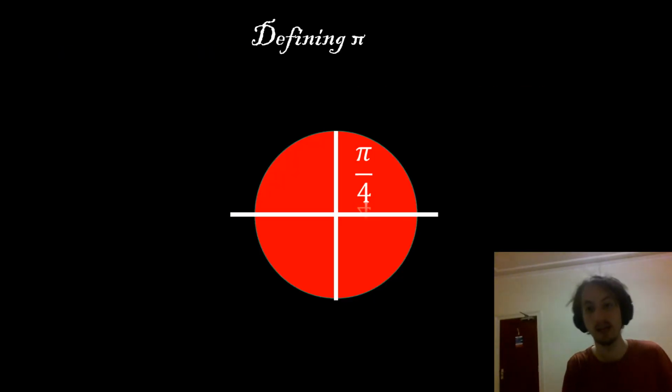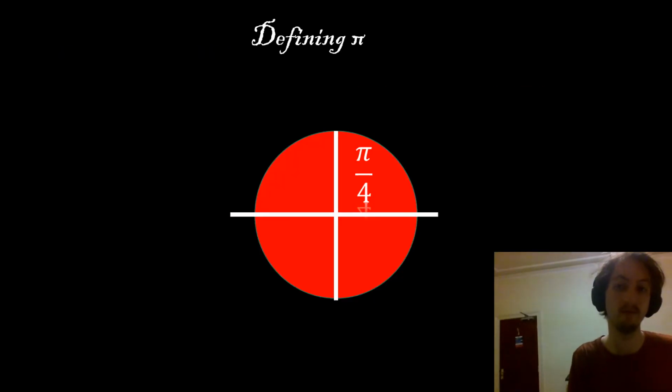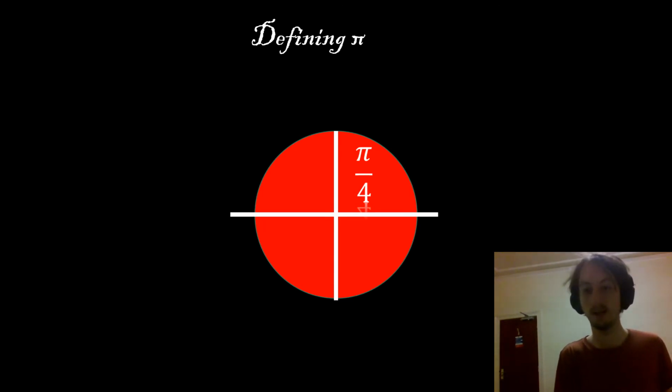So to begin with this, we have to define what we mean by pi. Well, a good way to define pi is the area of a circle which has a unit radius. If you think of the formula for the area of a circle, if I have a unit radius, the area of such a circle equals pi. And I can split this circle, which has a unit radius, into 4 parts. We call it splitting it into the 4 quadrants.